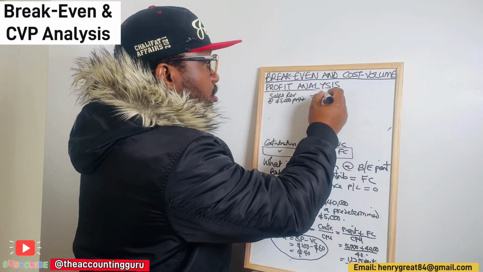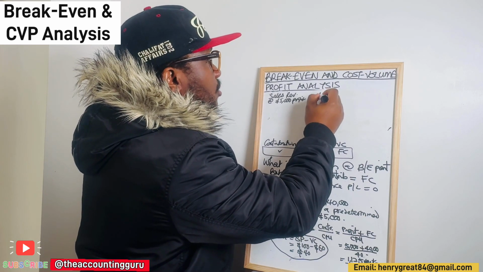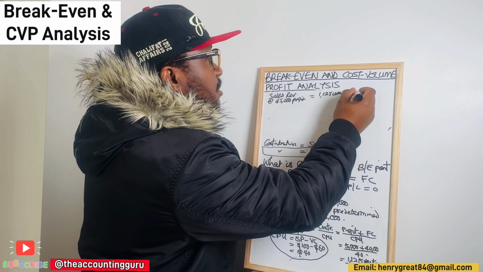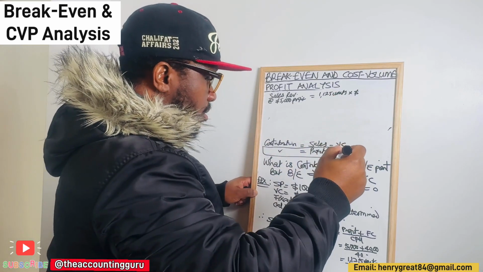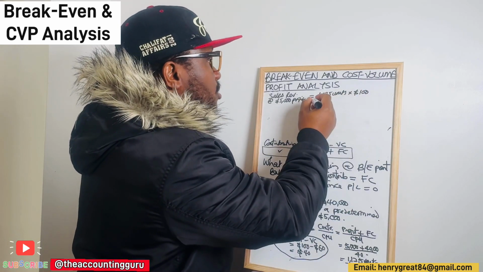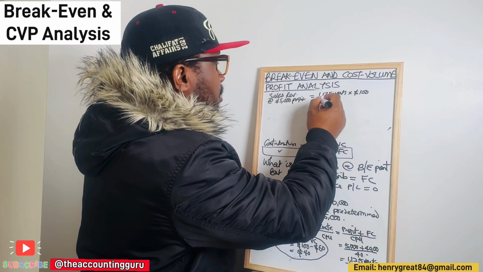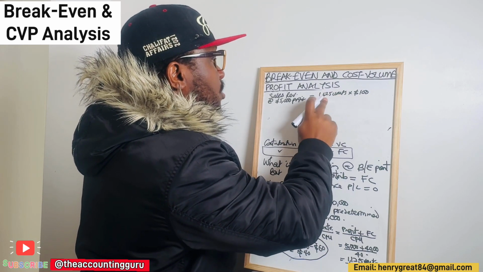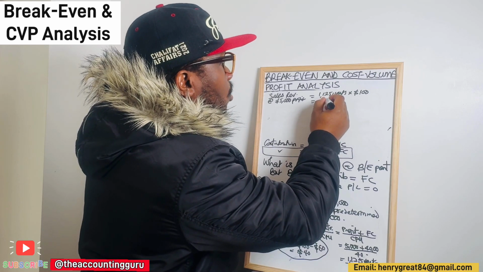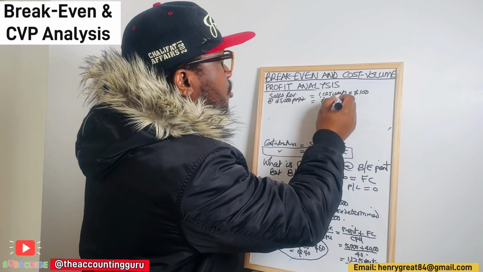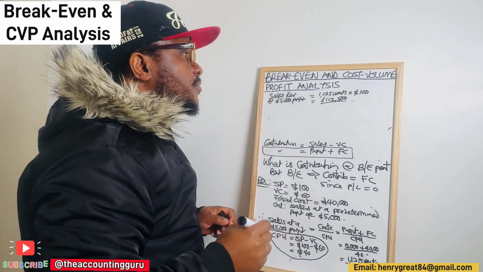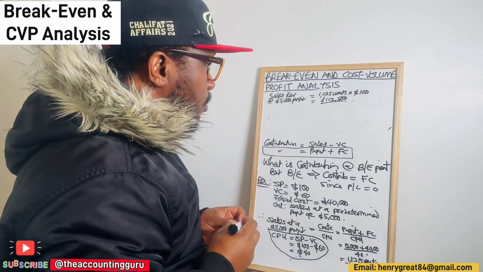So you'll be having 1,125 units times this selling price per unit, which is $100. So we're having the sales revenue to be 112,500. I hope this is clear.